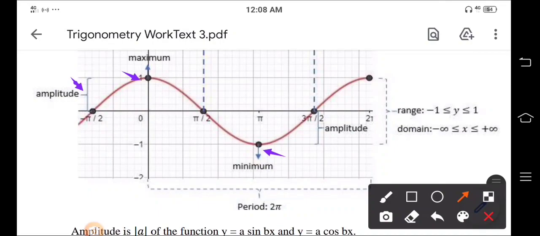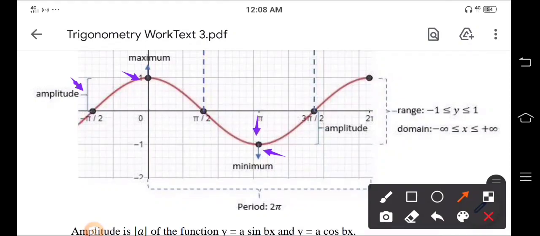Amplitude is the distance or the length from the horizontal line going to the highest peak or its maximum value, or from the horizontal line going to the minimum point.